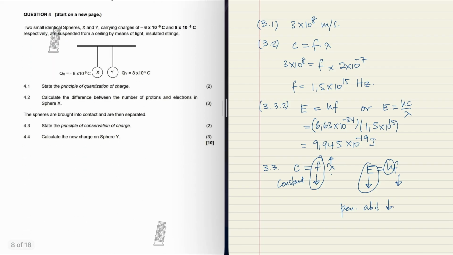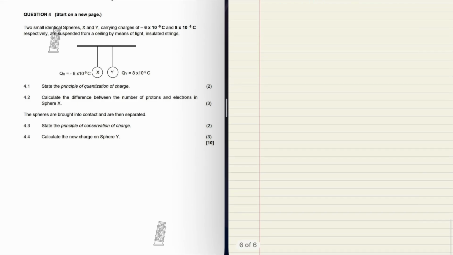Let's take a look at question number 4. Two small identical spheres X and Y carrying charges of minus 6 times 10 to the negative 9 and 8 times 10 to the negative 9 coulombs respectively are suspended from a ceiling by means of light strings.